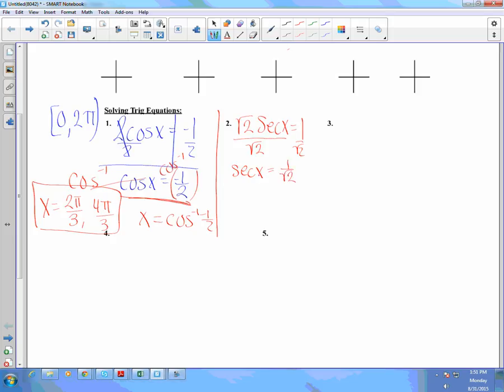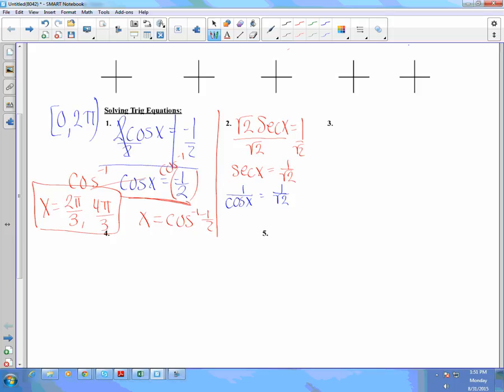When we have something that's not on the unit circle, think of what it's related to. Secant and cosine are reciprocals of each other. So, secant of x, on that trig identity page that gold paper gave you, what's secant of x equal to? 1 over the cosine of x equals 1 over root 2. So we can find cosine.